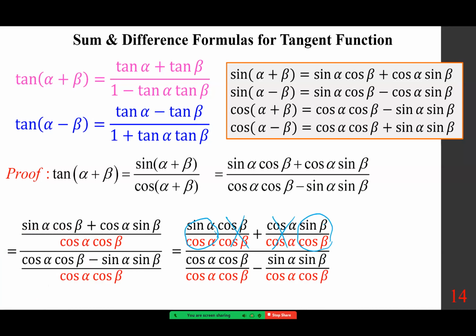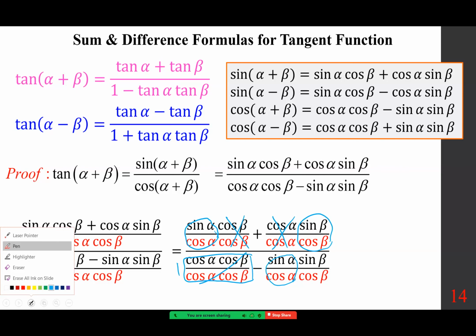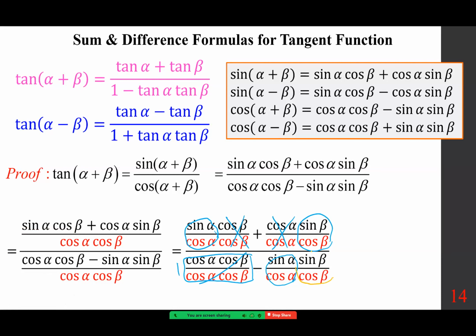This is tan of beta. They are identical, the top and the bottom. Everything cancels out, you get 1. This is tan of alpha. This is tan of beta. Believe it or not, that's a proof.